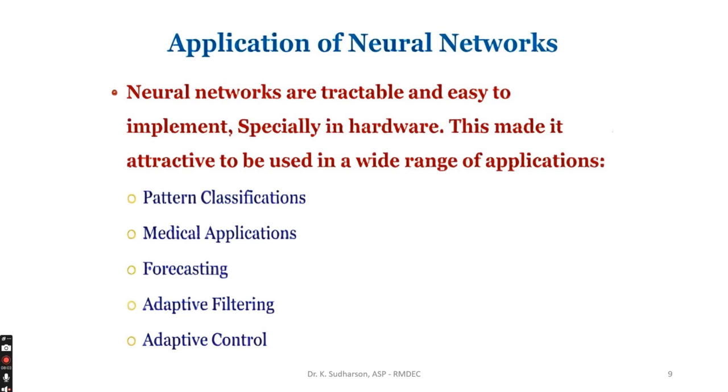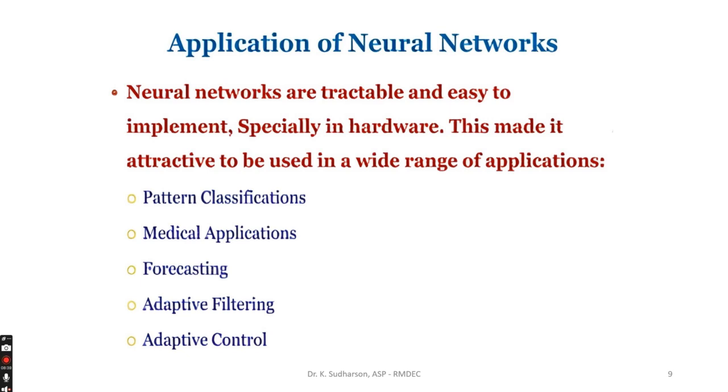And finally, the applications of neural network. I already said some applications. We can use neural network in pattern classification, medical application, weather forecasting, then adaptive filtering, then adaptive control. So these are some common areas, but apart from these areas, we can use the neural network in a wide range of applications like social media analysis, movie recommendation, consumer buying behavior, the medical field, or any other application, any other field.